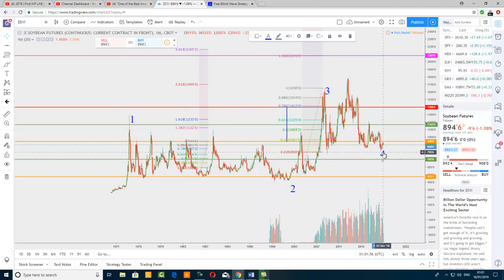If we have sufficient data, and I have data from 1970, that's enough, and you call this the fourth wave, that will be an Elliott wave violation, because the fourth wave should not overlap with the first wave. Similar structure to the wheat commodity. Did you spot that Elliott wave violation?